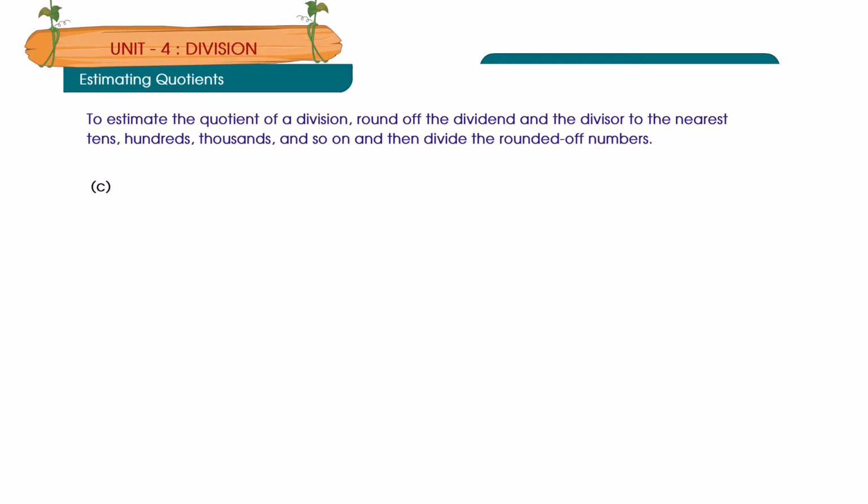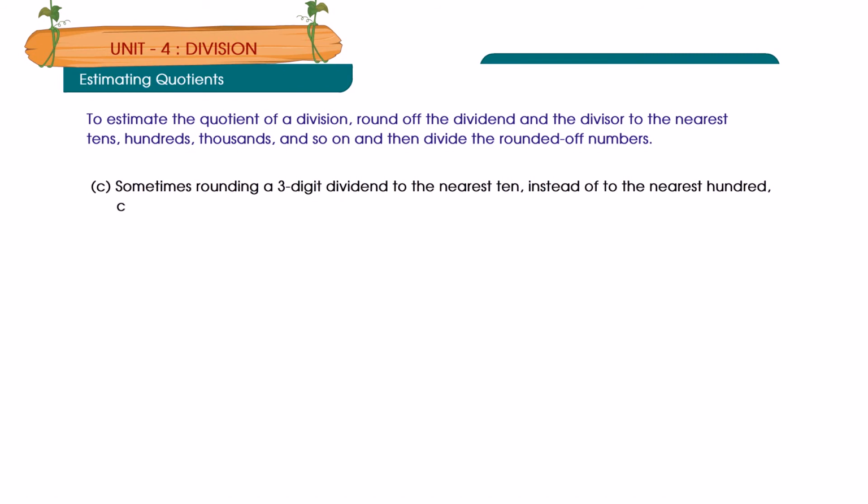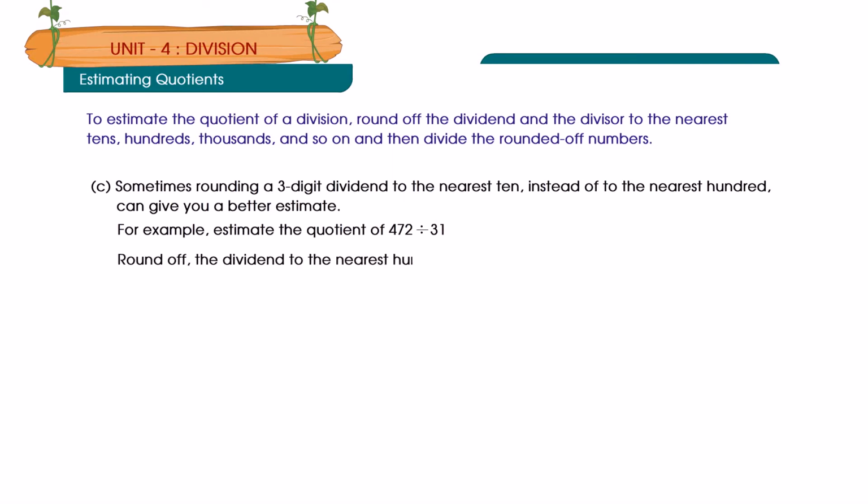C. Sometimes rounding a three-digit dividend to the nearest tens instead of the nearest hundred can give you a better estimate. For example, estimate the quotient of 472 divided by 31. Round off the dividend to the nearest hundred. 472 is rounded off to 500.